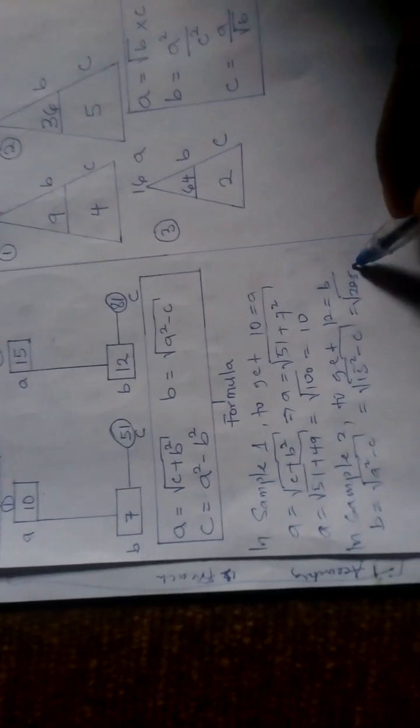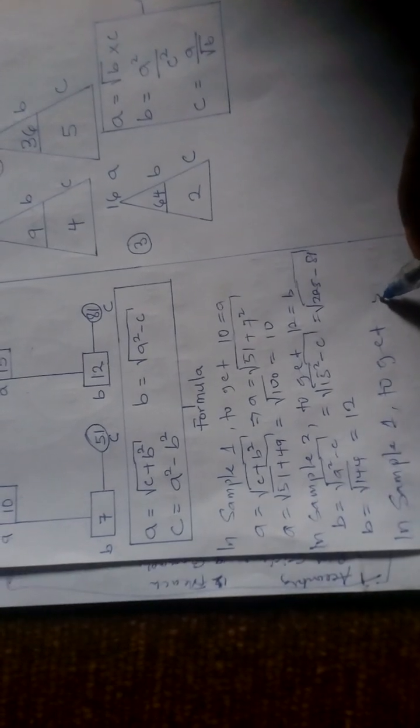Our A is 15, so 15 square minus C. What is 15 square? 15 square is 225, and 225 minus C, which is 81, means our B will be equal to the square root of 144, which is 12.